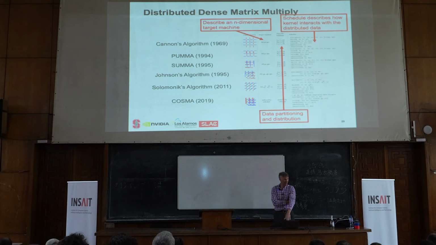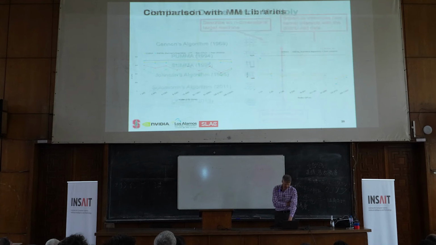That's the middle column here, and these are the actual specifications, just one specification for each matrix. And then you have some scheduling operations that say how the tasks, the kernels that work on the data, should interact with the distribution of the data, like what order the loops should be in. These schedules are all less than 10 lines of code. And then what you get out is an implementation of each of those classical matrix multiply algorithms.